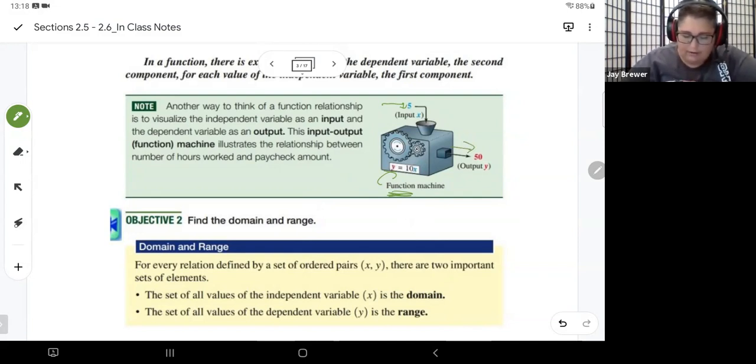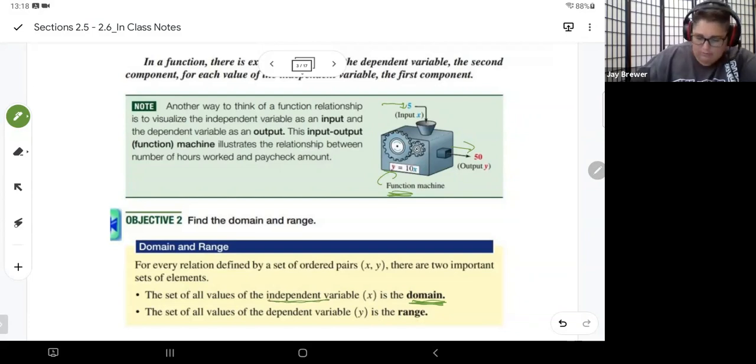The set of all values of the independent variable x, so all possible x's, will be included in the domain. And you're going to understand what we mean by that in a minute when we look at some examples. The set of all dependent variables are going to be represented in the range.